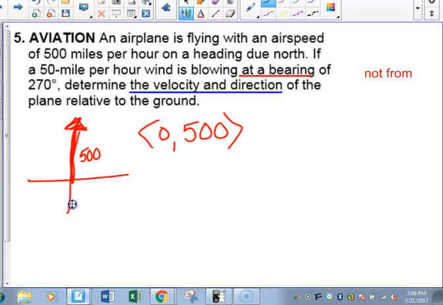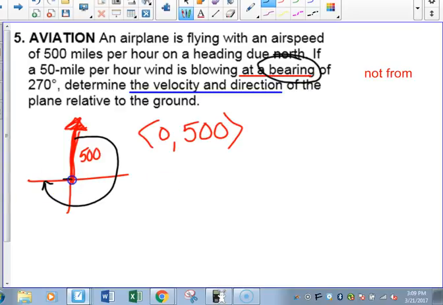If a 50-mile-an-hour wind is blowing at a bearing of 270, first of all, a bearing means off of what? Off of due north in a clockwise direction. 270 is this line over here somewhere. Now we got to decide at or from. From means we draw Mr. Wind out here and he blows us the other way.